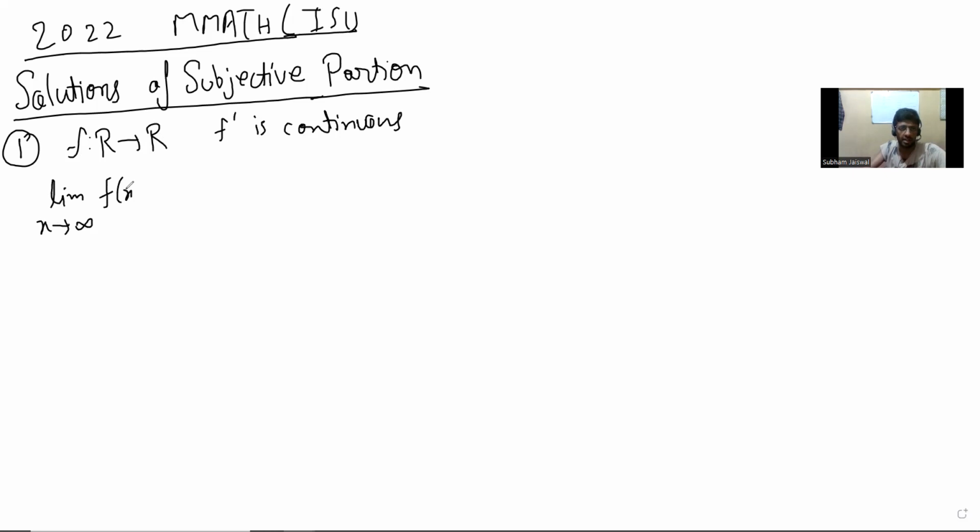You are told that it has an asymptote, and also the limit of f dash x is 0. Now already you can sense that this b should be 0 maybe. But that's what the question is asking.